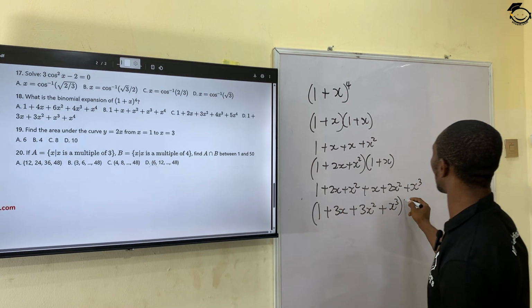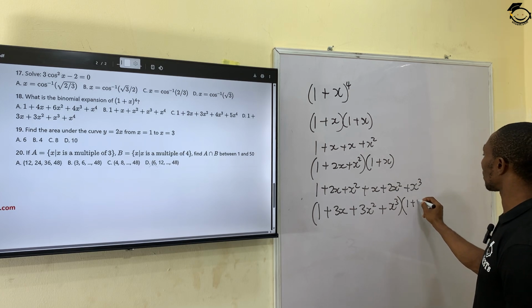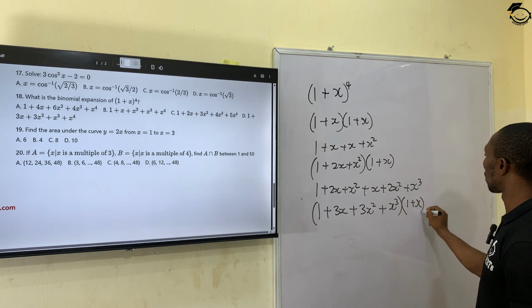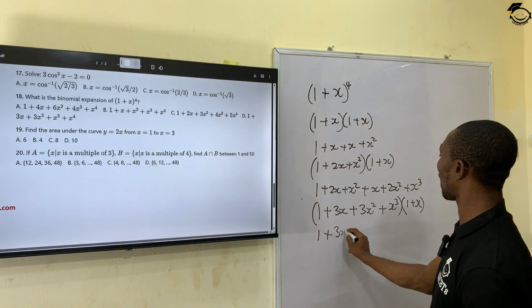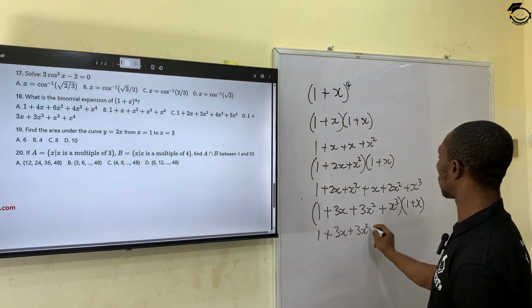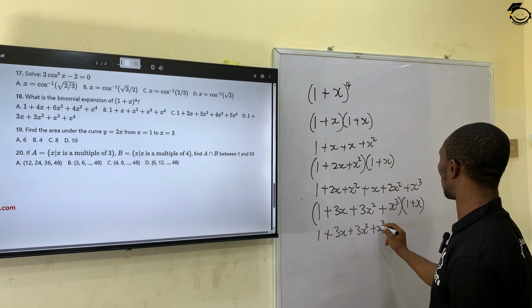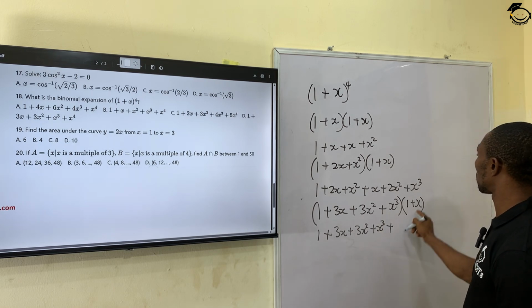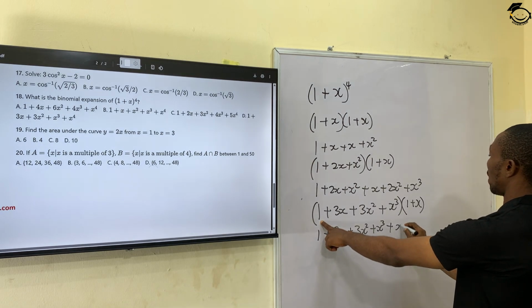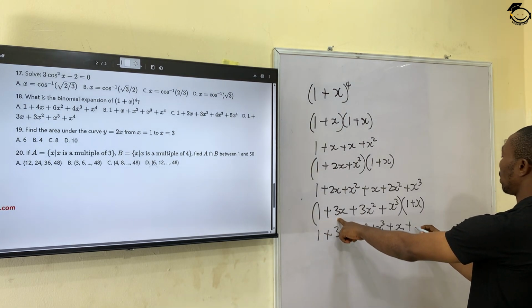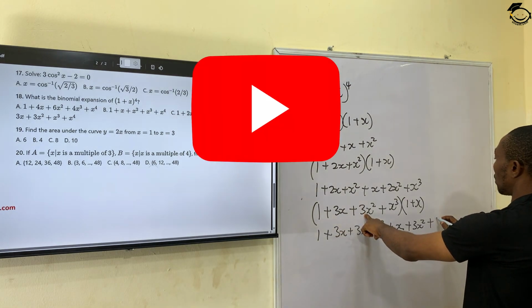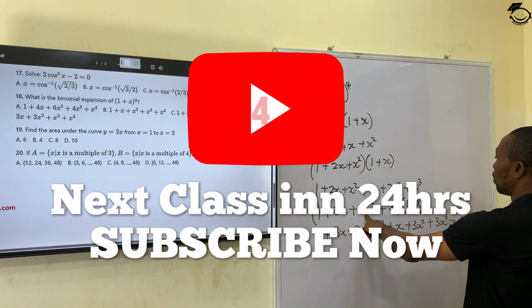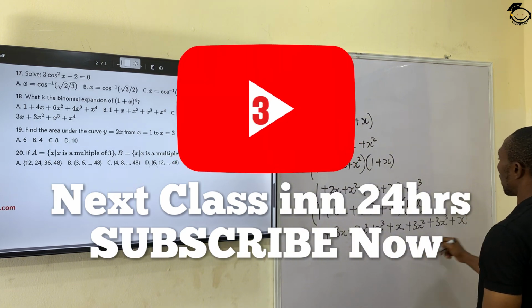Now multiplying this by the last 1 plus x, we have 1 times 1, 1, plus 3x plus 3x squared plus x cubed, plus x times 1, x, x times 3x gives 3x squared, plus x times this gives 3x cubed, plus x raised to the power 4.